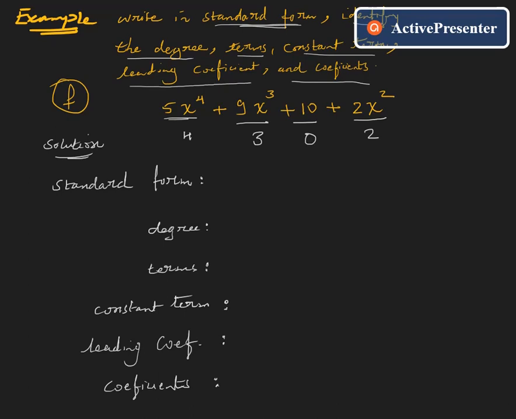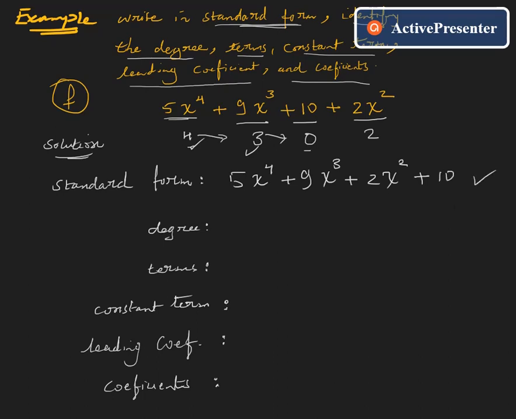Standard form we should go down up to the lowest degree. So we started with 4, 3, then 0. It should be here 2. So the standard form is written as this: 5x to the power 4 plus 9x to the power 3 plus 2x squared plus 10.